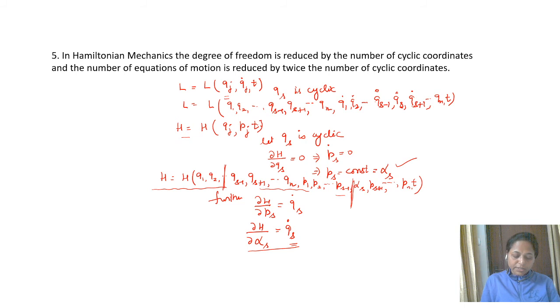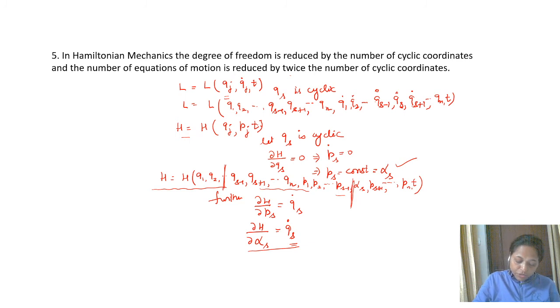So in this case your degree of freedom will be reduced by 1 if one coordinate is cyclic. Secondly, your equations of motion are reduced by 2. Now I am writing that the number of equations of motion is reduced by twice the number of cyclic coordinates.